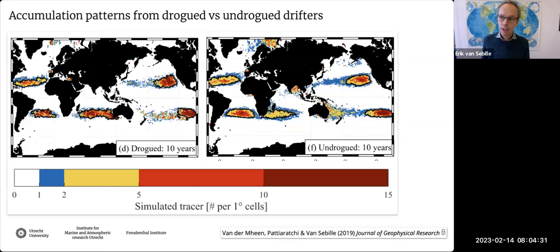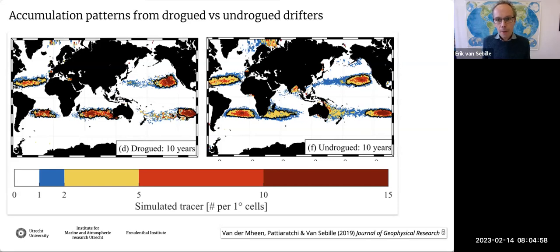She did her PhD at the University of Perth. She just finished it last year or so. And she looked at the accumulation patterns, through a transit matrix approach, which I don't think matters too much for now, but essentially looking at the infinite forward time of where all these drifters would eventually end up if they would just stay in the ocean for decades to centennial timescales.